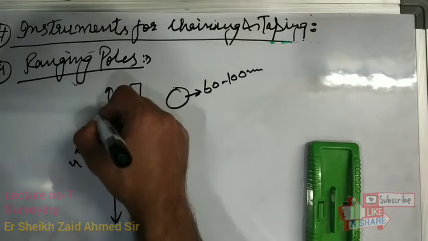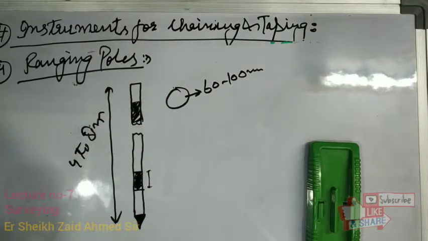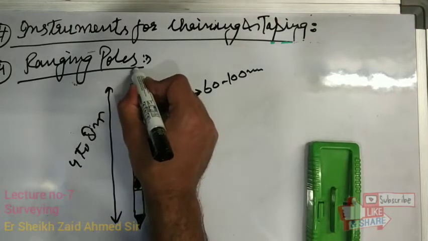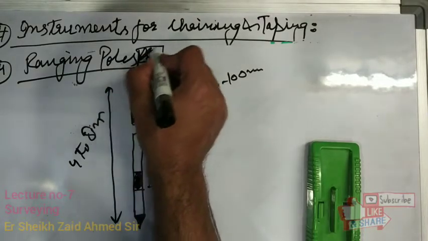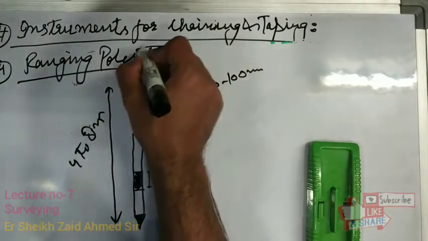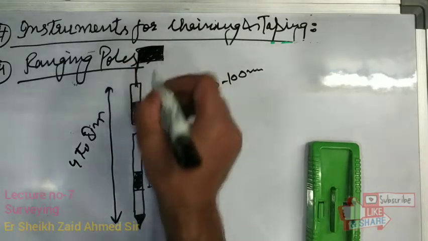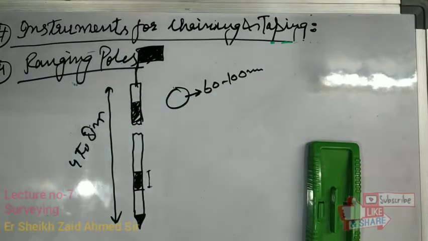Remember, ranging poles are used when we are ranging very long lines. Generally, they don't have pointed ends, but a large flag is always attached at the top so that it can be easily visible from a greater distance. So this is all about ranging poles.